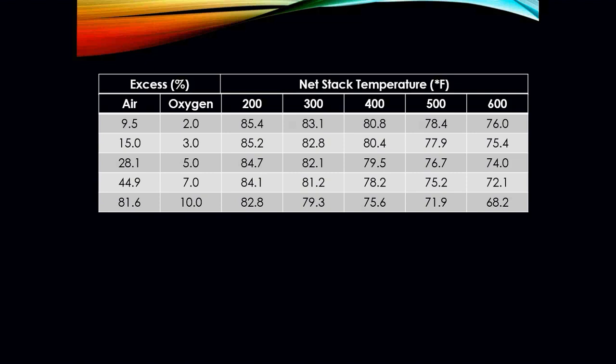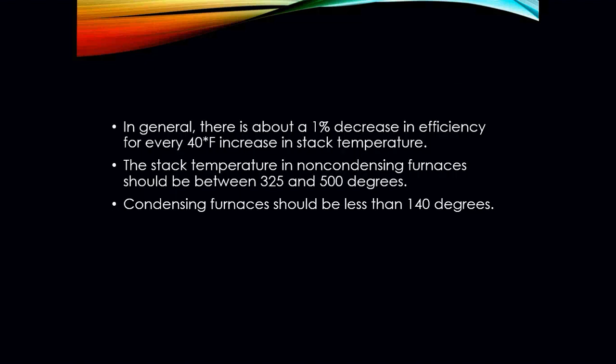Now, if we were able to lower the stack temperature to say around 200 degrees, that furnace would now raise its efficiency to about 85.5% efficient. In general, there is about a 1% decrease in efficiency for every 40 degrees increase in stack temperature.